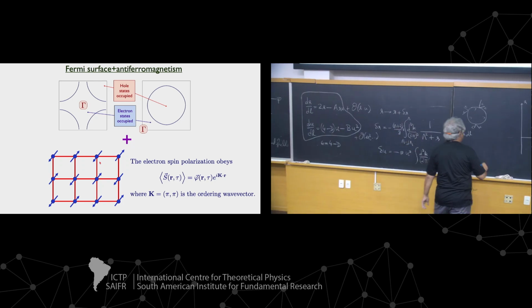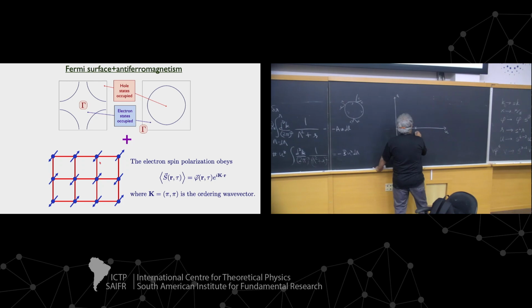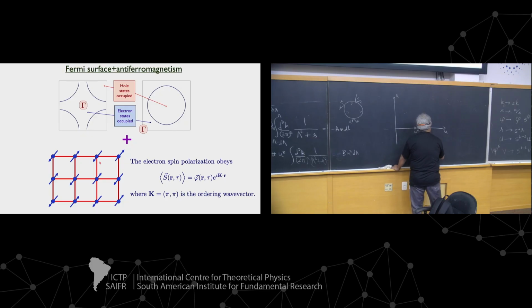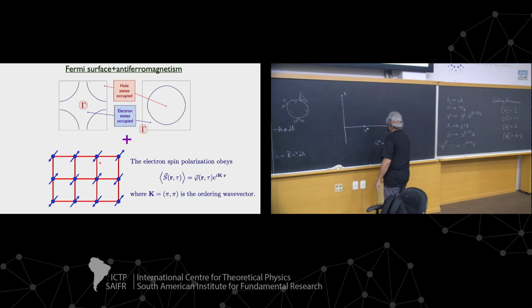But that's fine. There's a fixed point here, and this is at u star, and u star is equal to epsilon over b.